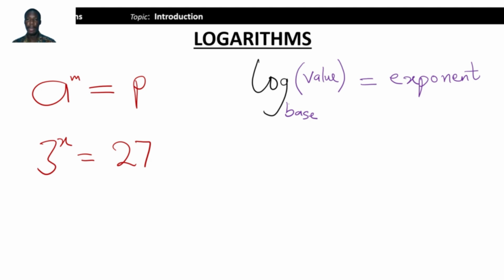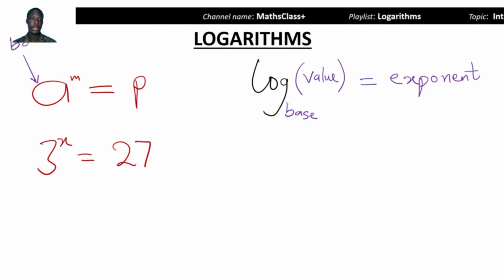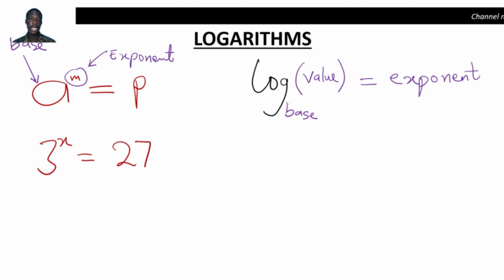I'm relating these labels to what we have on the exponential equation. Our base here is a. And then the exponent, and for the expression a to the power m, when you do the evaluation, your value is p. So p is our value.